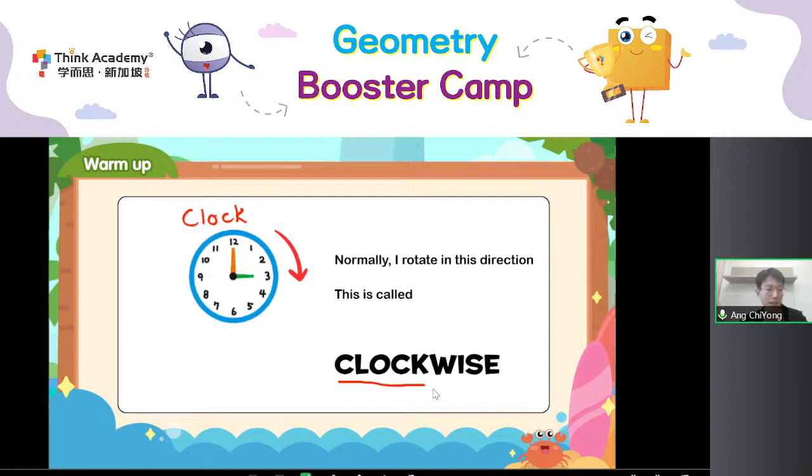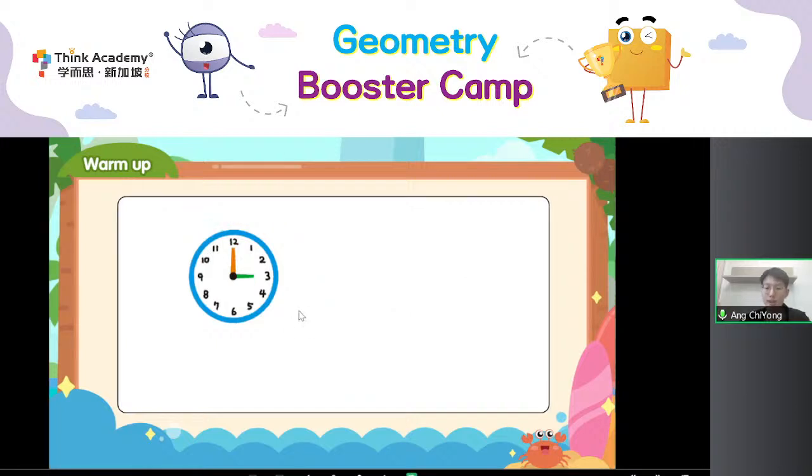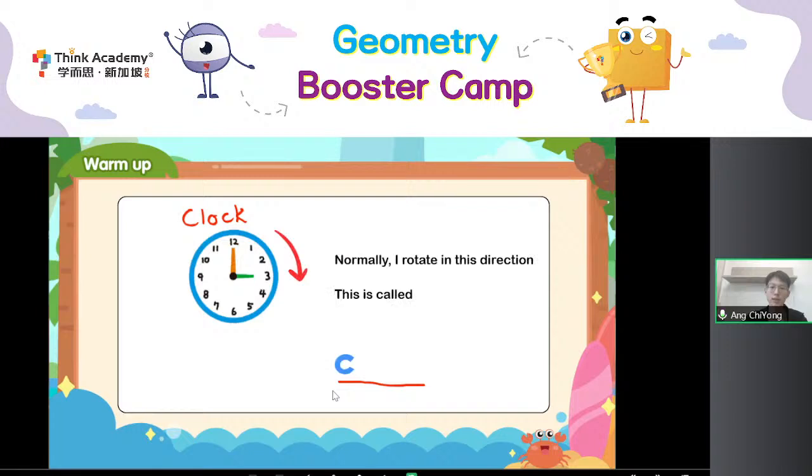Now, what is the not normal way? Let me show you how it moves now. Everyone take out your right hand. From the top, you go towards the right like this.